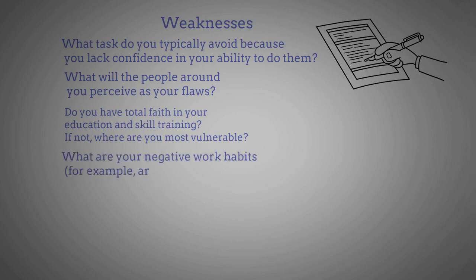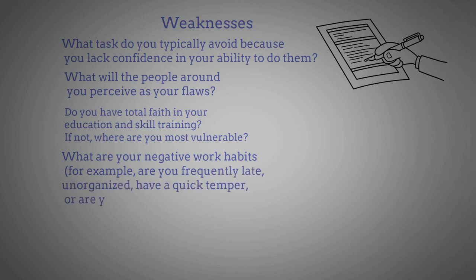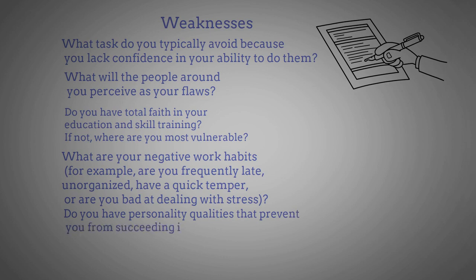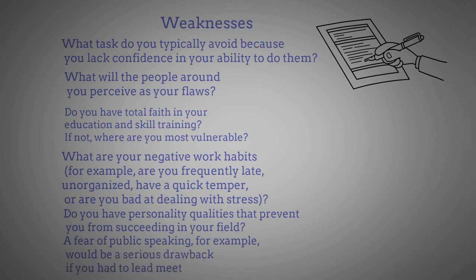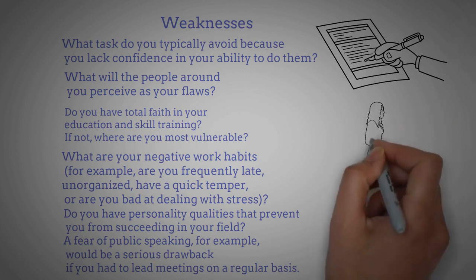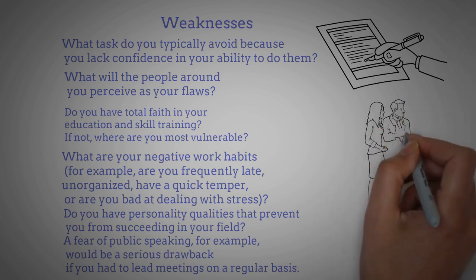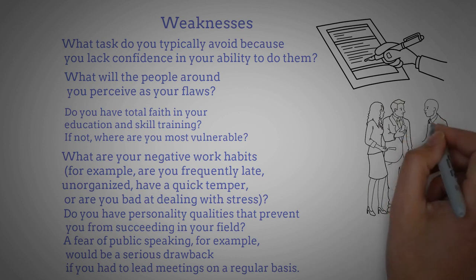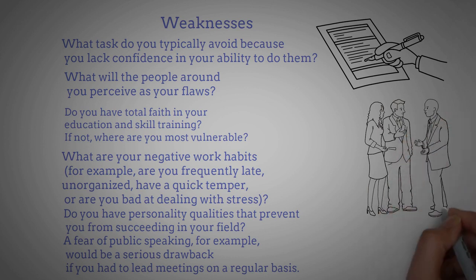For example, you are frequently late, unorganized, have a quick temper, or are bad at dealing with stress. Do you have personality qualities that prevent you from succeeding in your field? A fear of public speaking, for example, would be a serious drawback if you had to lead meetings on a regular basis. Again, note what others say about you, ask them, and note them. Honest answers to these questions provide you a clear understanding of your weaknesses.